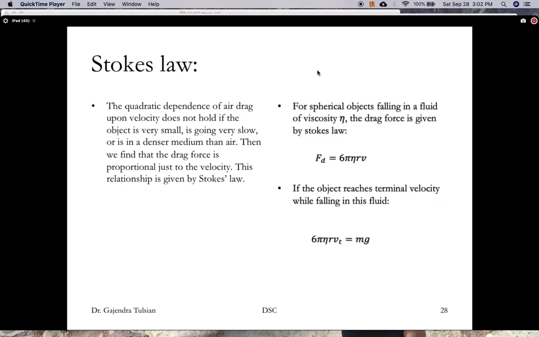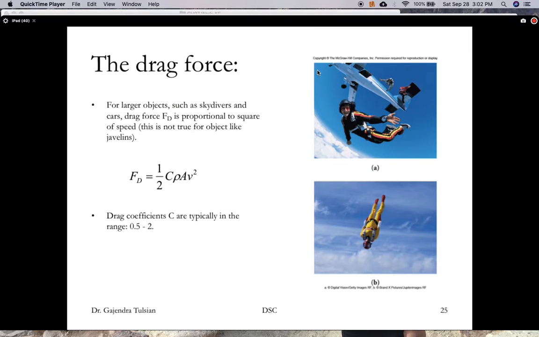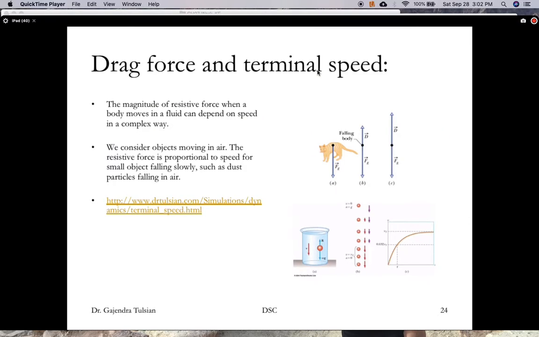So we'll be considering two different situations: drag force proportional to velocity squared, or drag force proportional to velocity. So two different regimes.